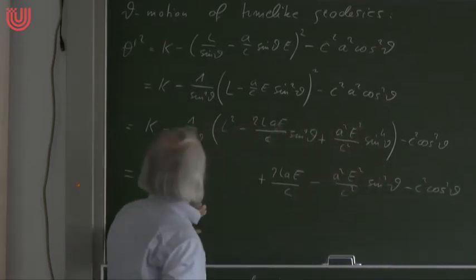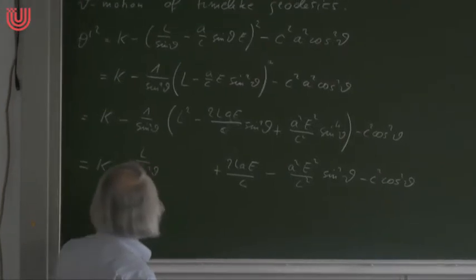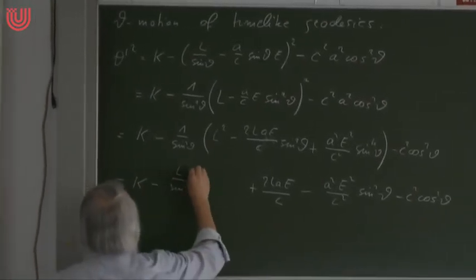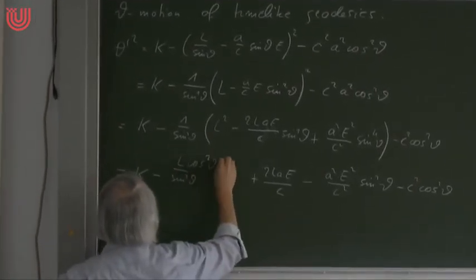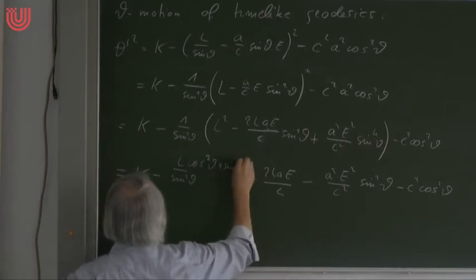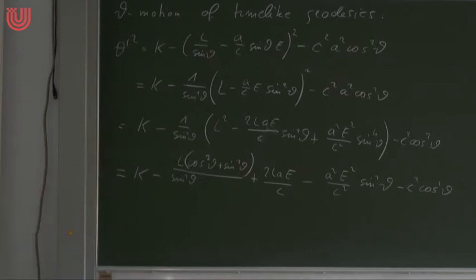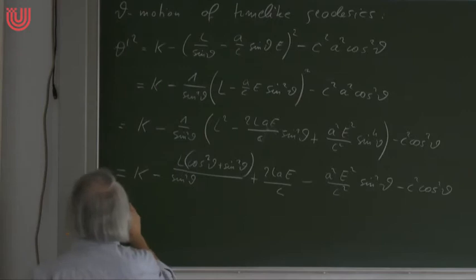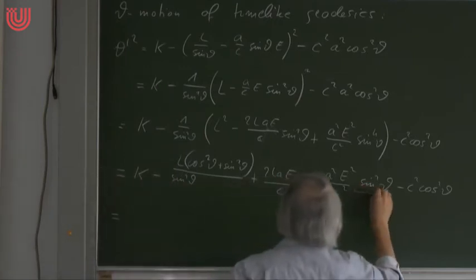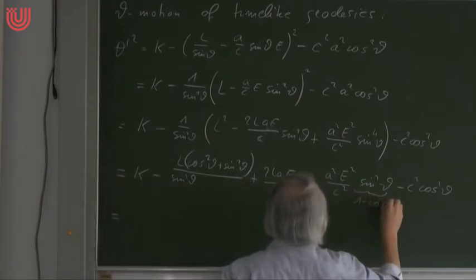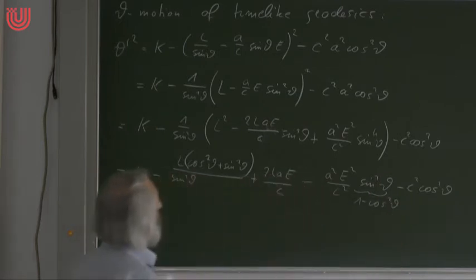So I wanted to express everything in terms of cosine. So let me write here cosine squared theta plus sine squared theta. That's a 1, of course, yeah? So I didn't change anything. But now I can collect terms with the cosine squared. And for this I can write 1 minus cosine squared theta.